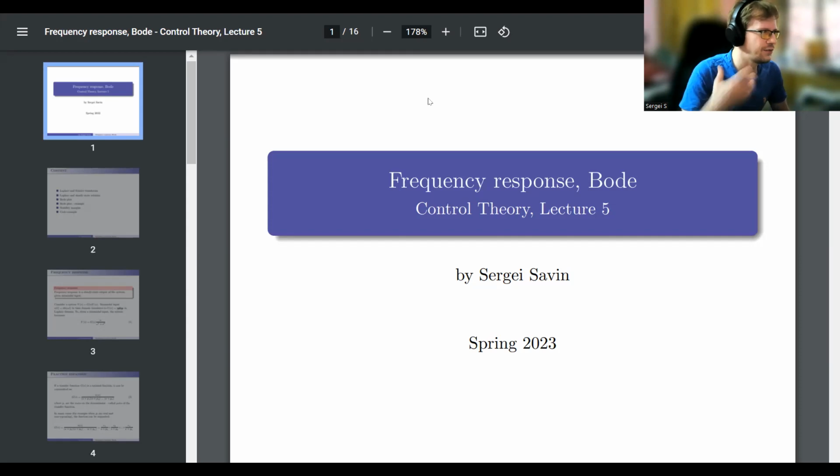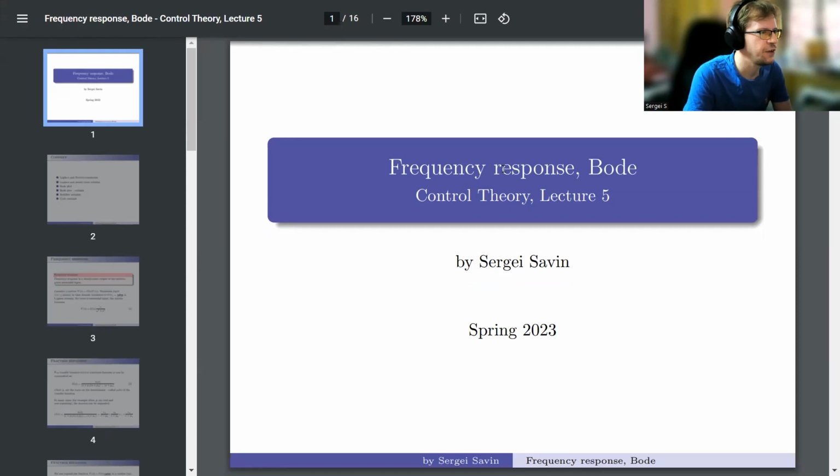Right, and at the end of the lecture, we'll see one additional tool in our tool belt as opposed to what we had before. All right, so let's begin. We'll discuss the frequency response and Bode plot.